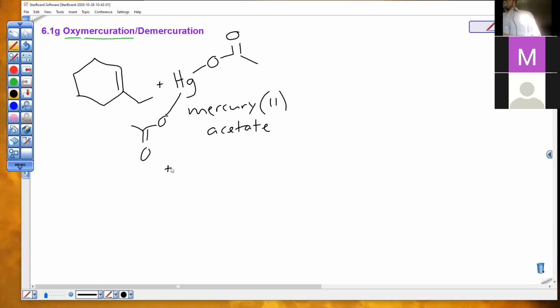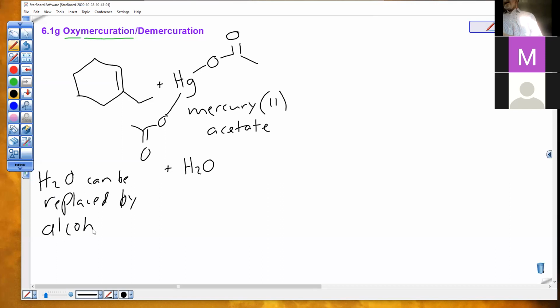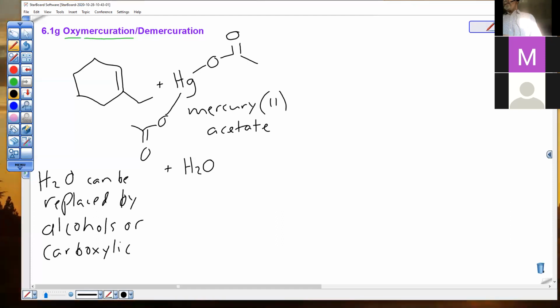The oxygen, here we're going to start with water. H2O can be replaced by alcohols or carboxylic acids. You'll get different results.